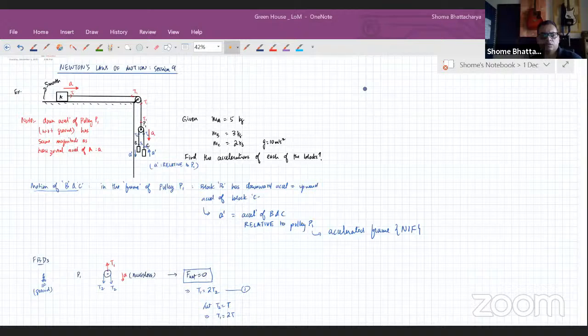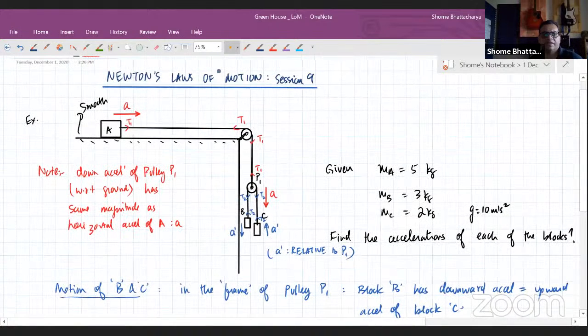Okay, so finish writing down up to here, and next make the free body diagram of A. If you finish this, make the free body diagram of the block A. Okay, so I'll just take you to the full diagram once more so that you're clear about all the tensions and things. Okay.